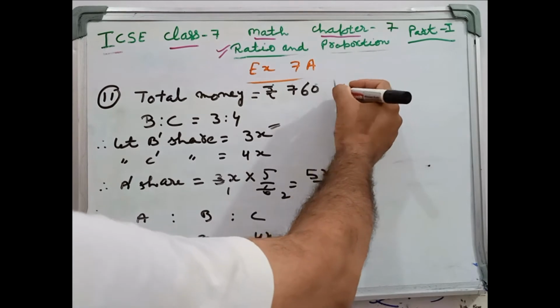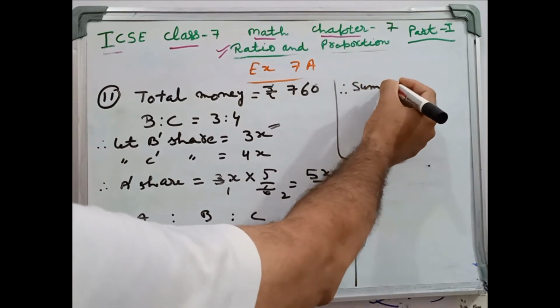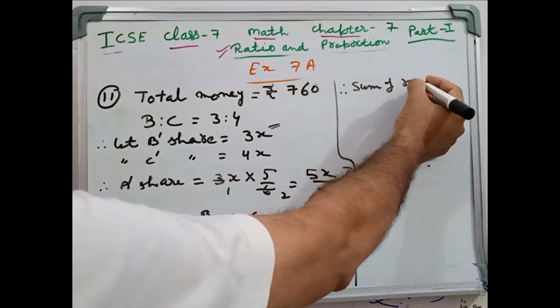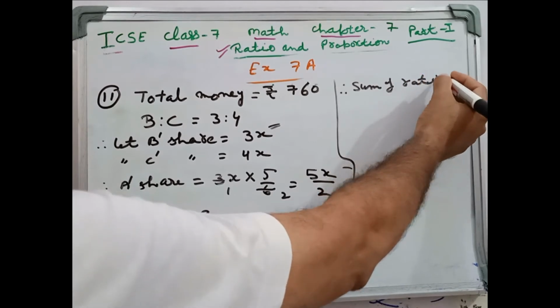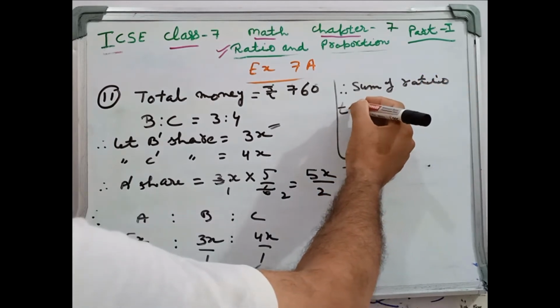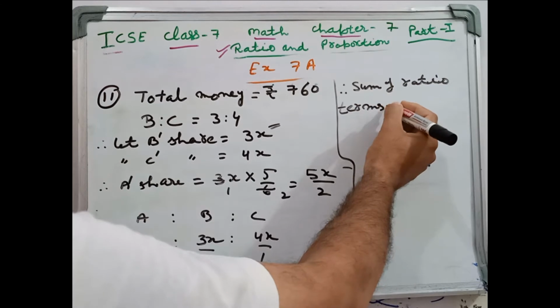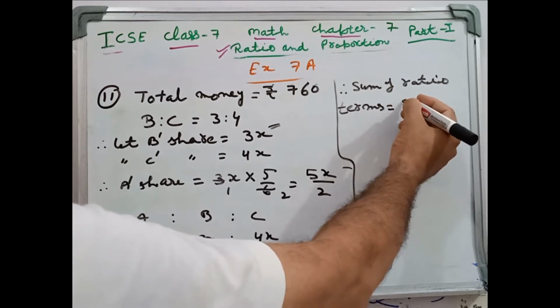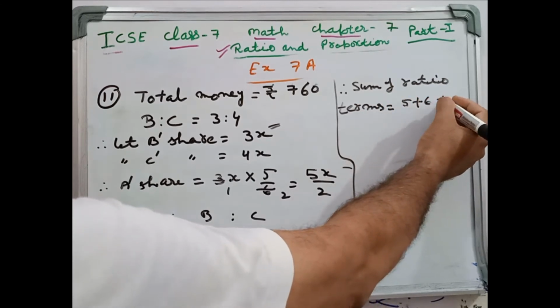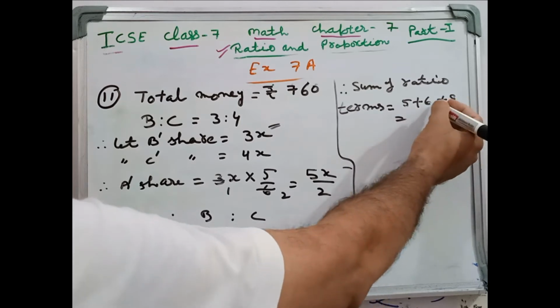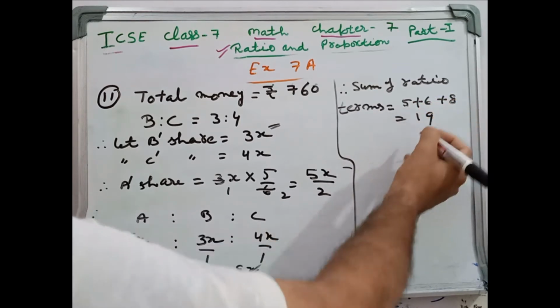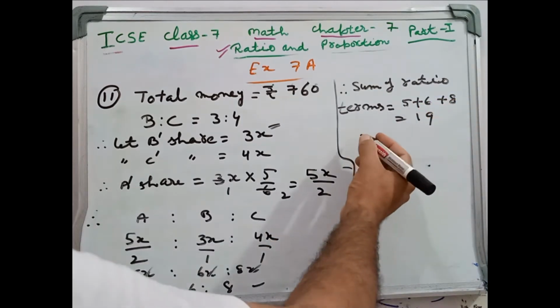Okay? Therefore the sum of ratio terms has become 5 plus 6 plus 8, 8 and 6 is 14, plus 5 is 19. Right?